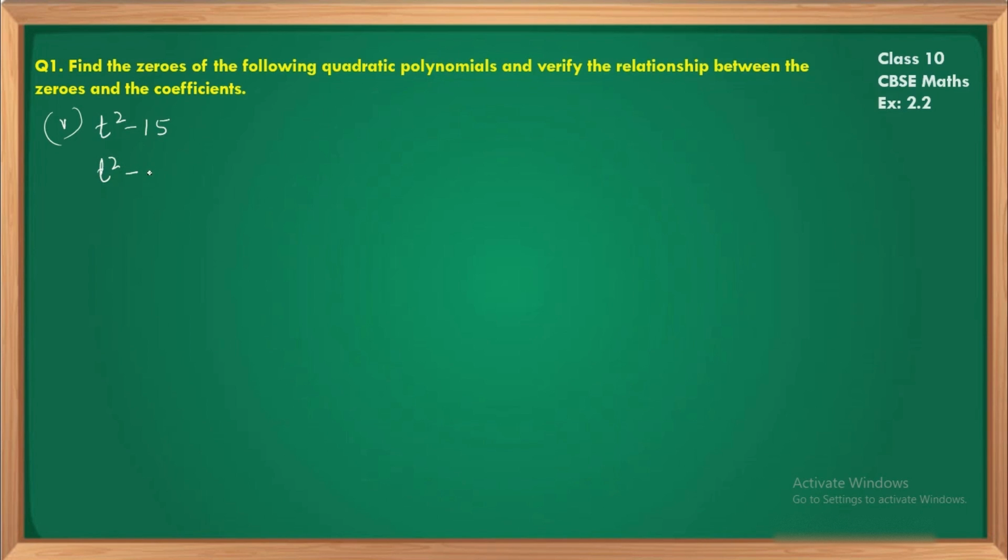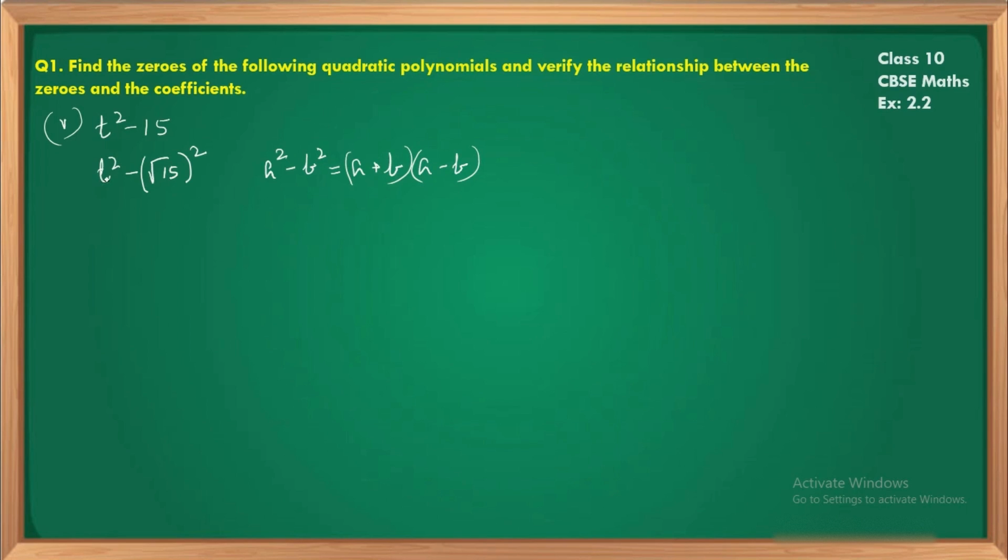What we do, we make this root 15 and then square this. By taking root and then squaring this, the value of the given equation doesn't change. Now this is in the form of a square minus b square, which is equal to a plus b into a minus b.